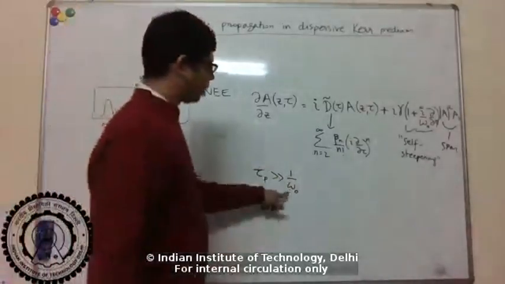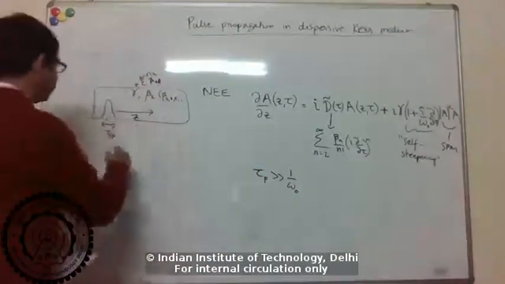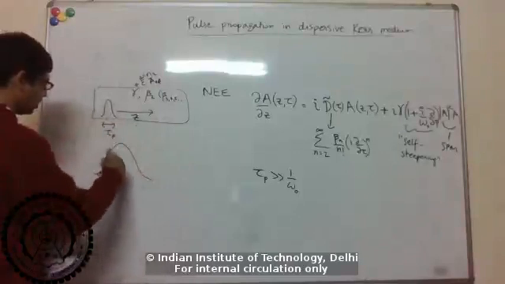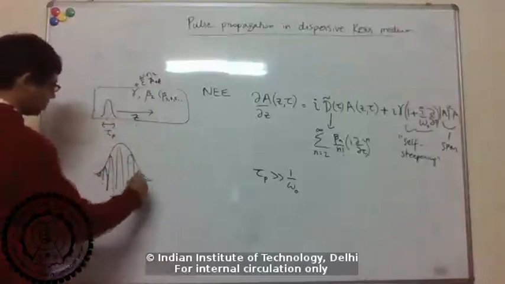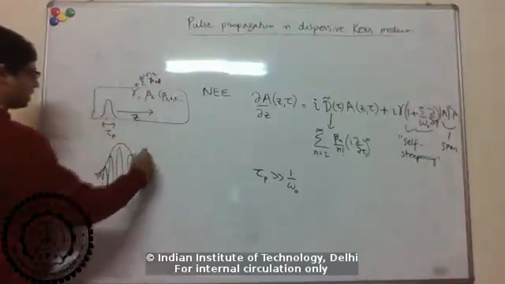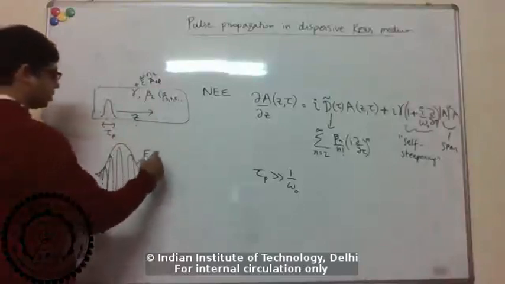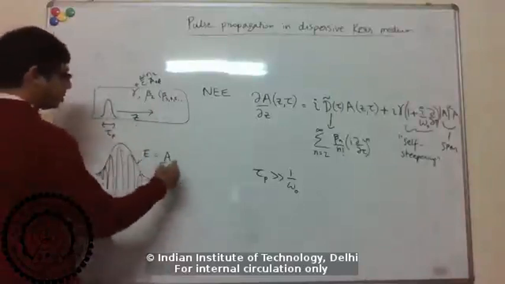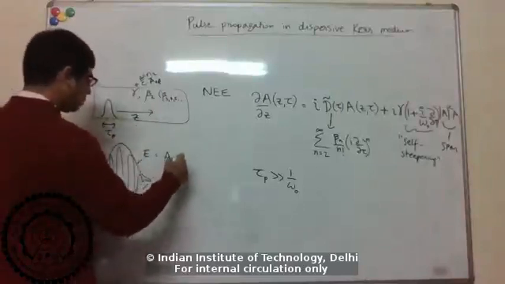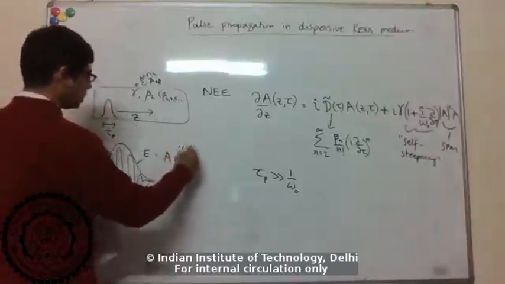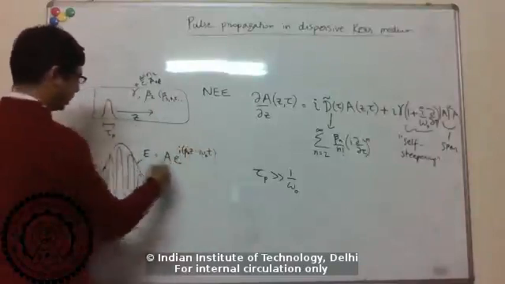So omega naught is the center frequency or the carrier frequency of the pulse, right? Remember, last time we took the electric field as this amplitude A, so A is the envelope, times this carrier, which goes as omega naught t.